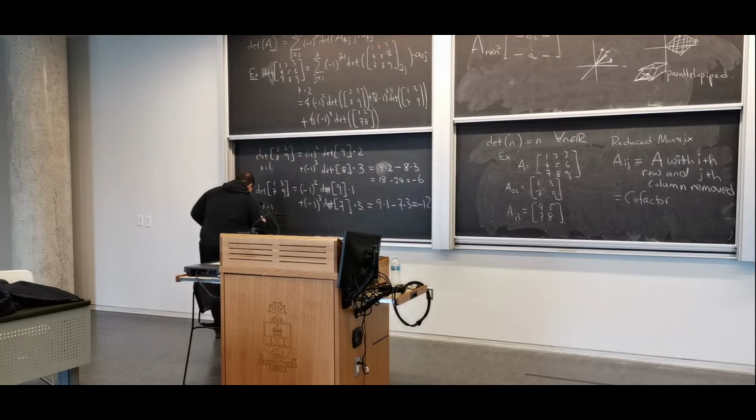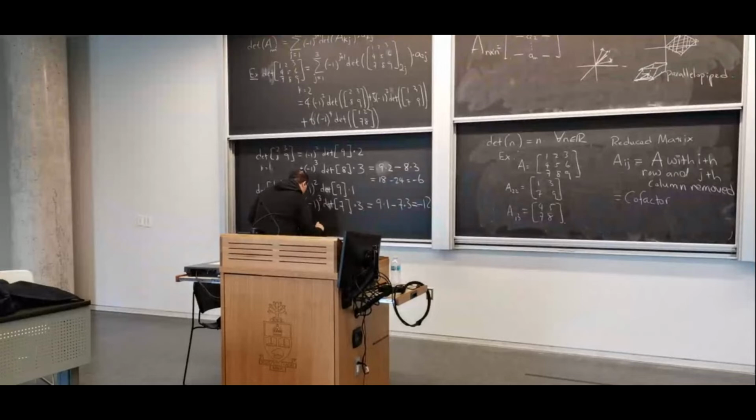And then, of course, the determinant of the last one is 1, 2, 7, 8, which I'm just going to skip. This is going to be what? 8 minus 14, which equals minus 6.